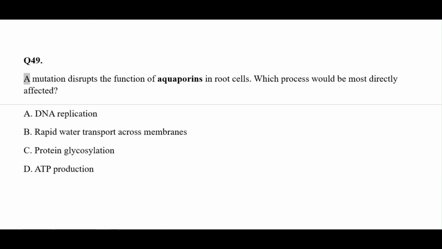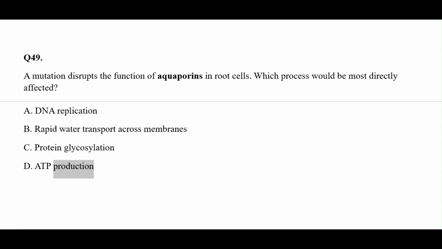Q49. A mutation disrupts the function of aquaporins in root cells. Which process would be most directly affected? A. DNA replication. B. Rapid water transport across membranes. C. Protein glycosylation. D. ATP production.